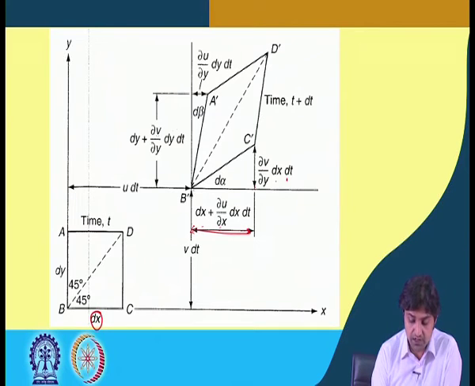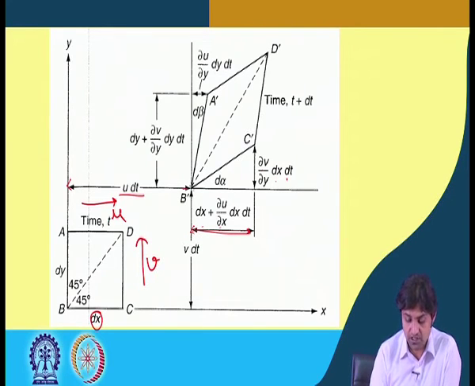So, this length is dy plus the rate of change of v in y direction, so del v del y into dy dt. Similarly, this will be only del u del y into dy dt. I hope you have understood. So, there are angles d alpha and d beta which we are going to calculate. The translation from this point to this point in time dt is considered to be u dt, and this one has a velocity u in this direction, and this fluid particle has a velocity v in this direction.